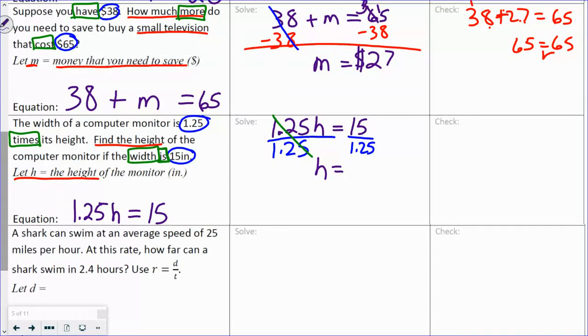Then we're going to have to do some division off to the side. Okay, remember, we can't really divide by 1 and 25 hundredths. We have to turn that into a whole number, and I have to add 2 more zeros. Okay, well, 125 goes into 150 one time.